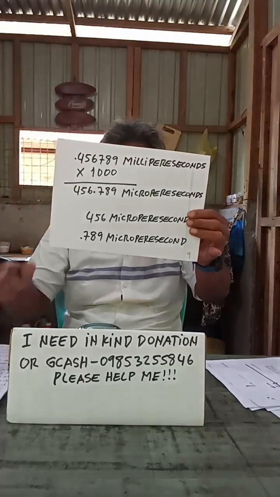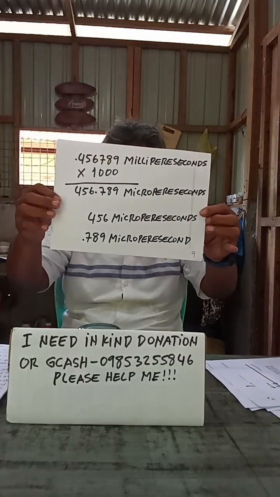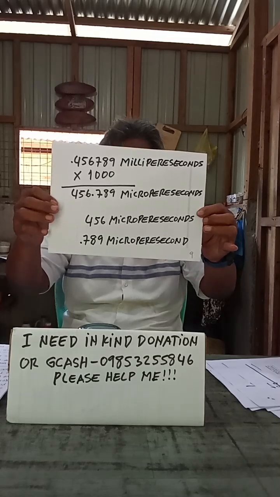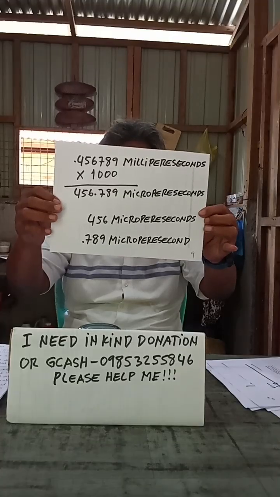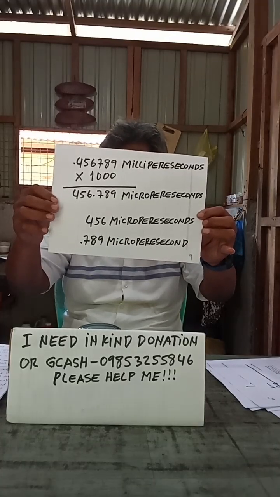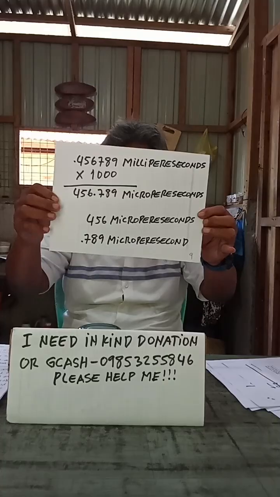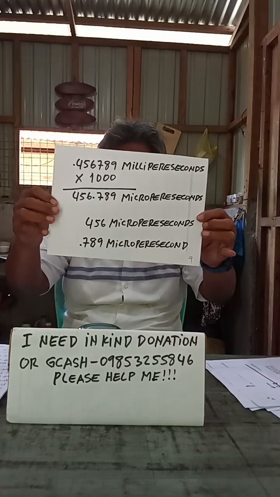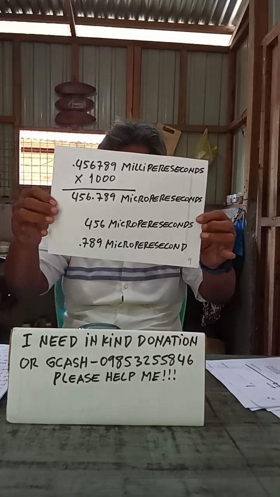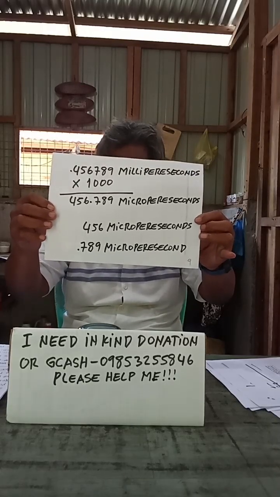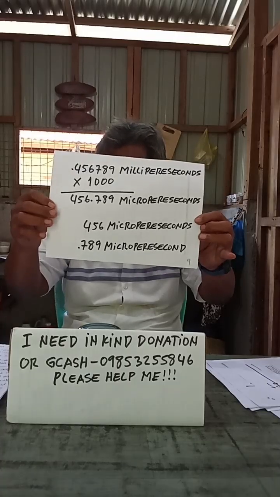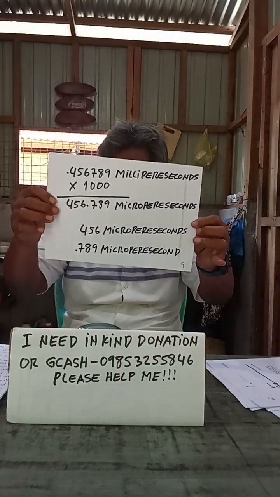Okay, next. The next smaller unit of time than milliperesecond is microperiseconds. Then 1 milliperesecond is equal to 1,000 microperesecond. So multiply the decimal milliperesecond by 1,000 or move 3 decimal places to the right and the product is 456.789 microperiseconds.